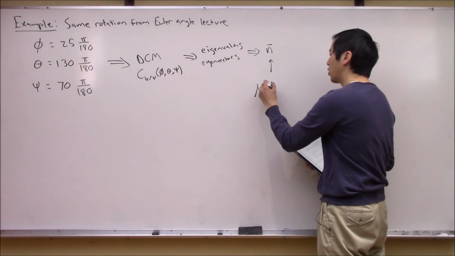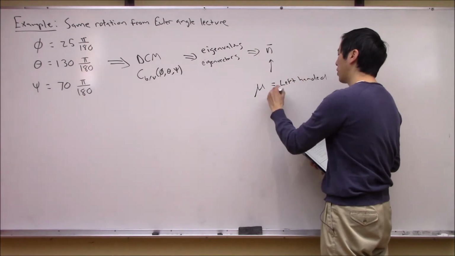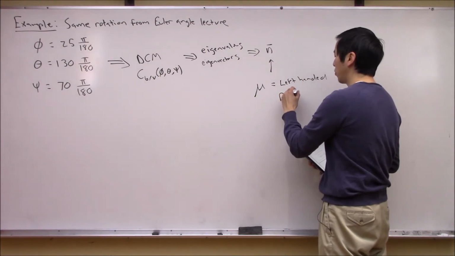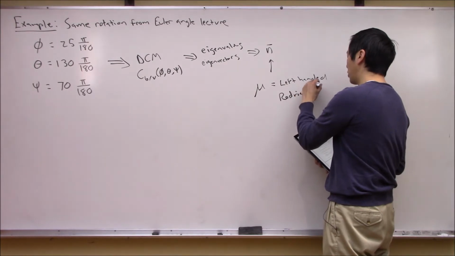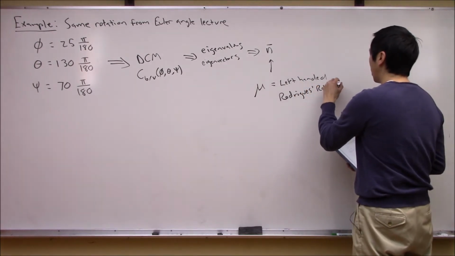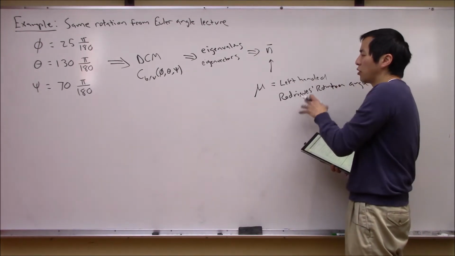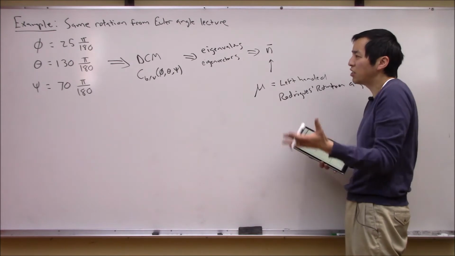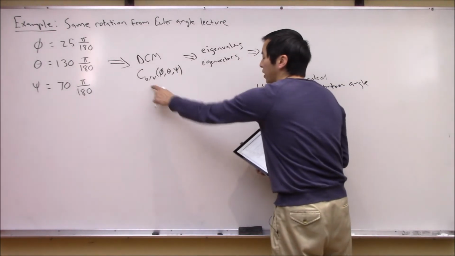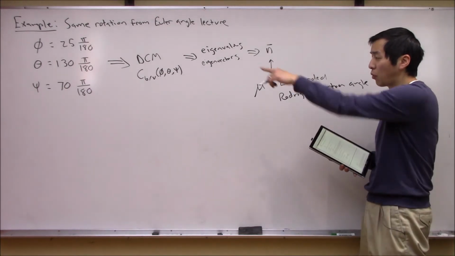This was our left-handed Rodrigues rotation angle. We just started making left-handed rotations through angles about this axis until we got the northeast down frame to line up with the body frame that we expected from the Euler sequence.